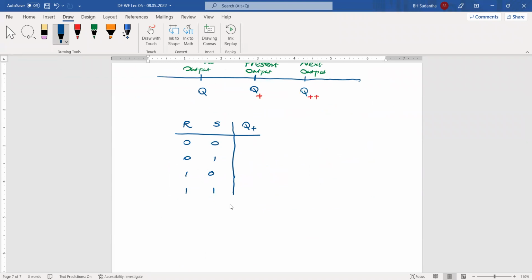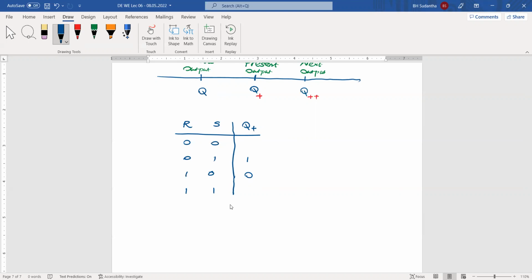What does it mean when you say to set something? The general idea is that setting means the output will be 1. Resetting means the output will be 0. But here we don't ask to reset and we don't ask to set. Then what will be there? We are not asking to set, which means we are not going to change the output to 1. We are not asking to reset, so we are not going to change it to 0.